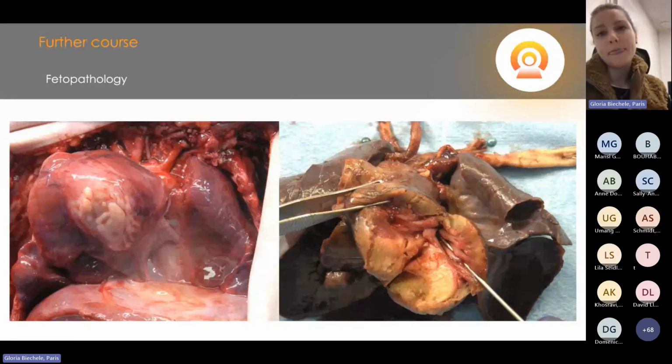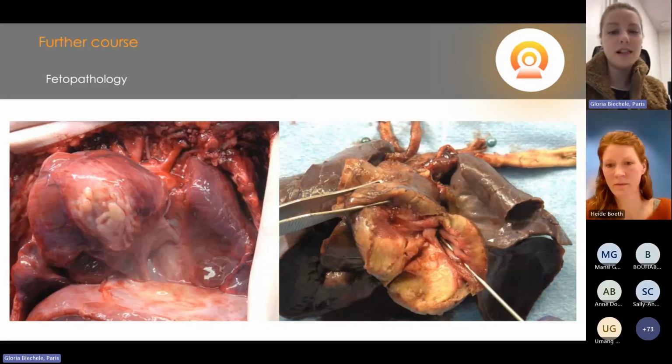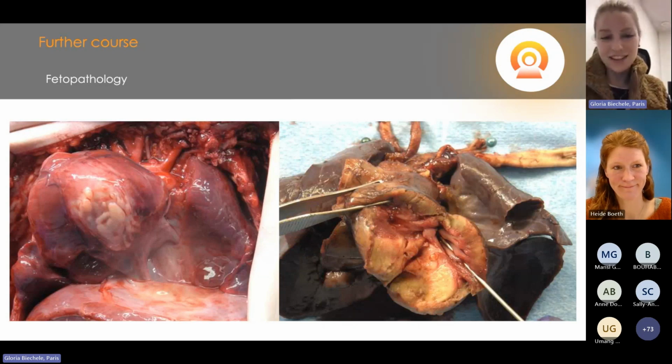The fetopathologist saw a bicuspid aortic valve, and I would like to have solved this case today. I checked for new examinations uploaded to the case maybe 10 times, but unfortunately, I am very sorry.